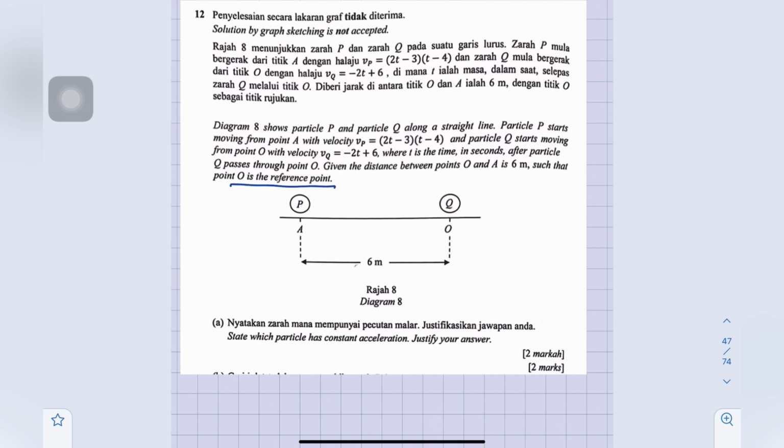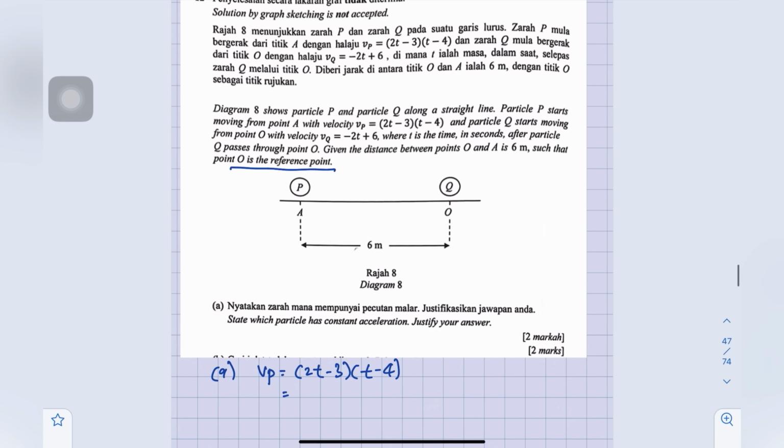Okay, so A, state which particle has constant acceleration. Justify your answer. Okay, to find acceleration, we have to differentiate velocity. So for particle P, Vp equals to 2t minus 3, t minus 4. We expand.